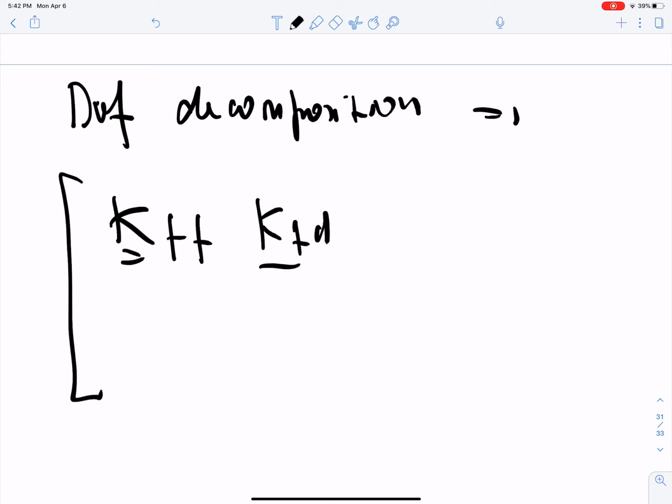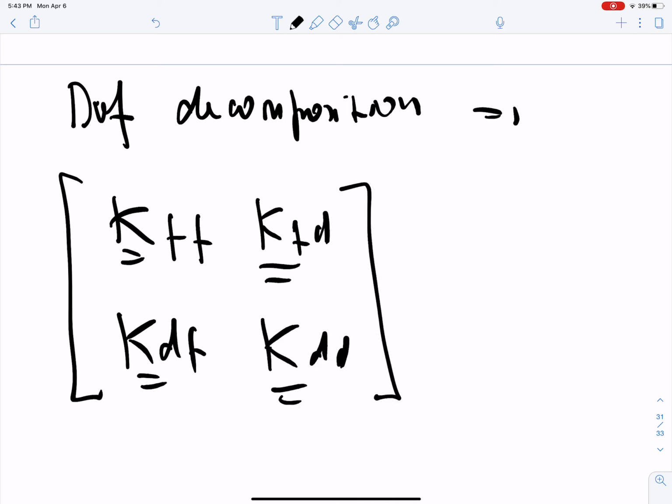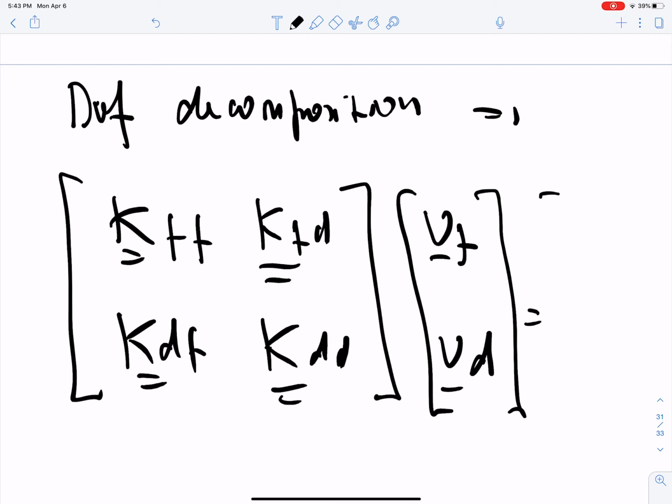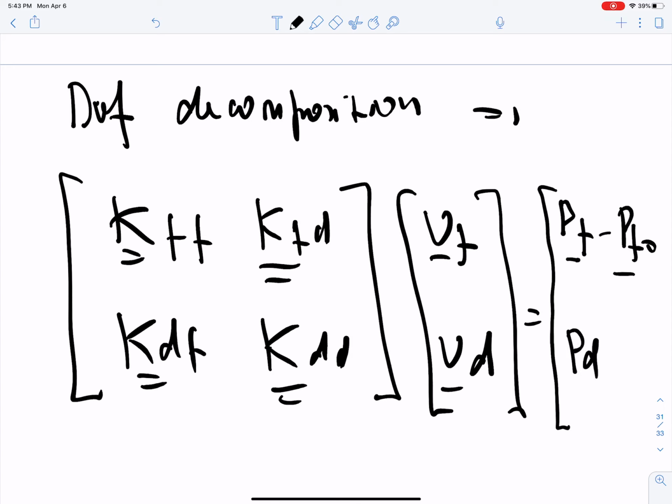KFF, right? KFD, KDF, KDD, UF, UD, okay, equals PF minus PF0, PD, okay, minus PD0.